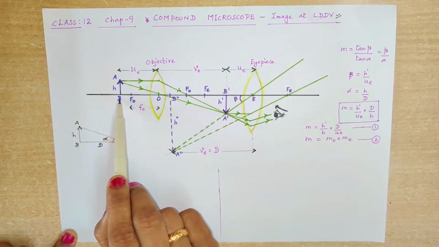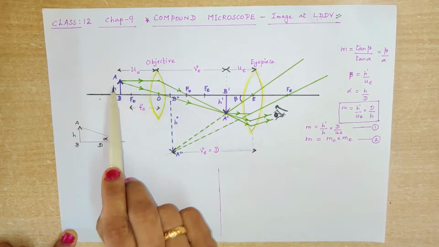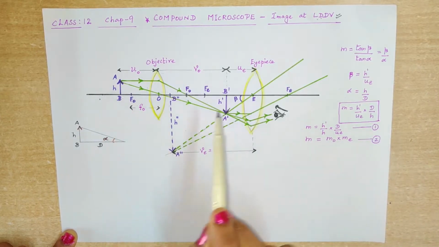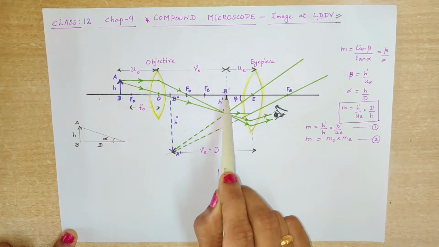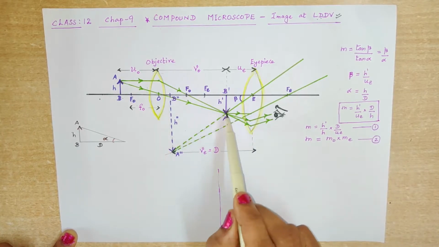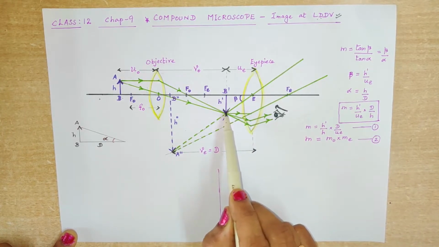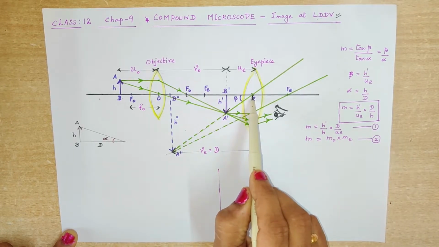Here the object is kept between F and 2F of the objective lens. AB is the object and it forms an inverted image A'B' beyond 2F. The two lenses are adjusted to get this first image between the principal focus and the center of the eyepiece.